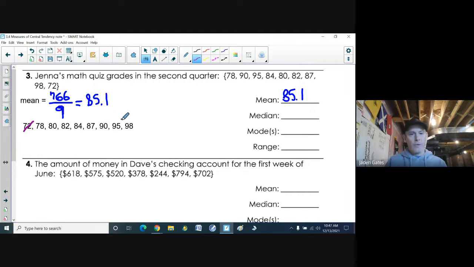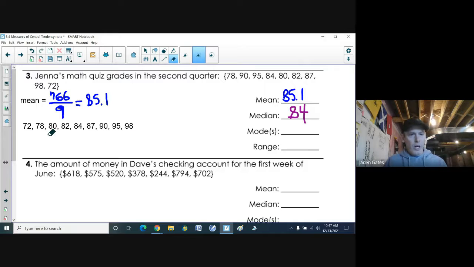Now the median. Cross off 1 left, 1 right. Left, right, left, right, left, right. There's a number in the middle. We have an odd number of them, so we do have a straight up median of just an 84. All right, now the mode. Which one occurs the most?